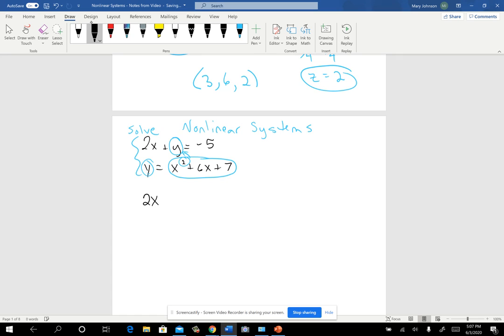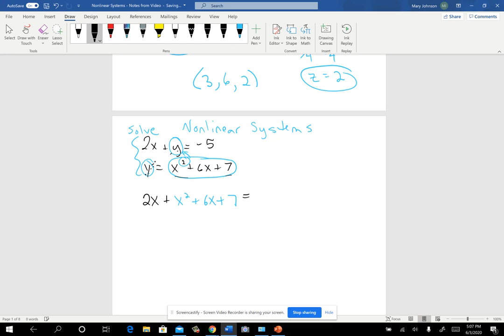So at that point of intersection, these y's should be the same. And then if these y's are the same, we ought to be able to put the x squared plus 6x plus 7 in place of the y in the first equation.